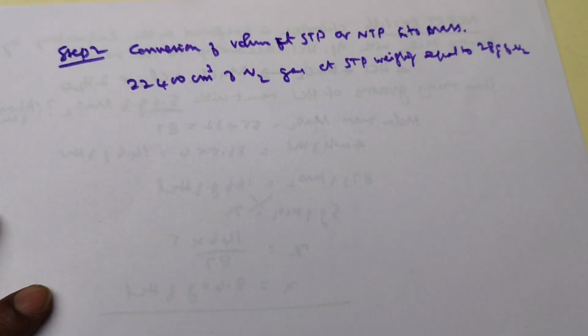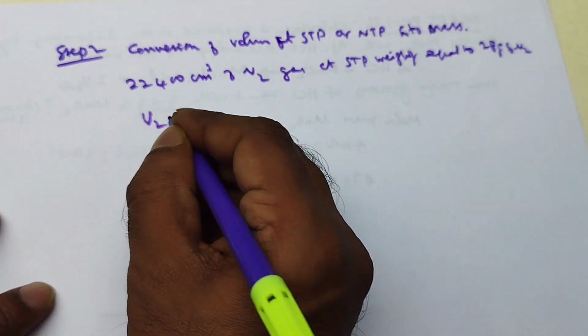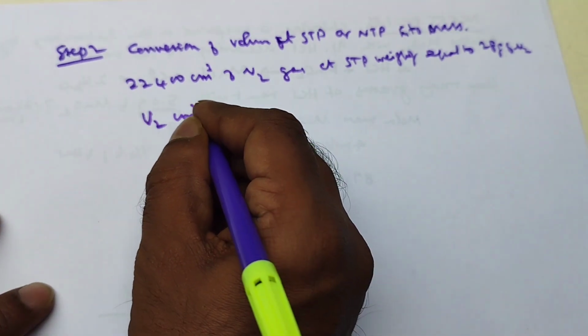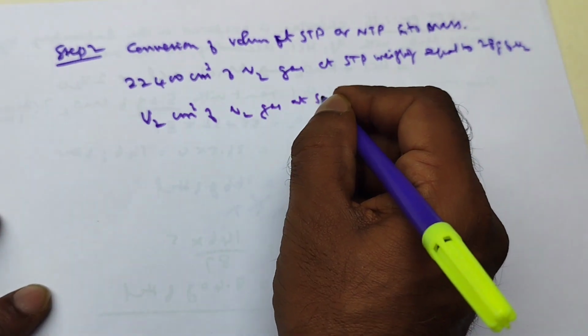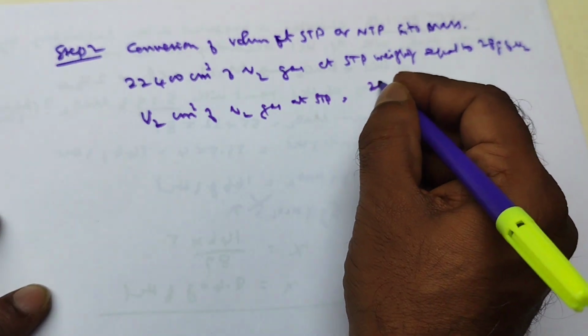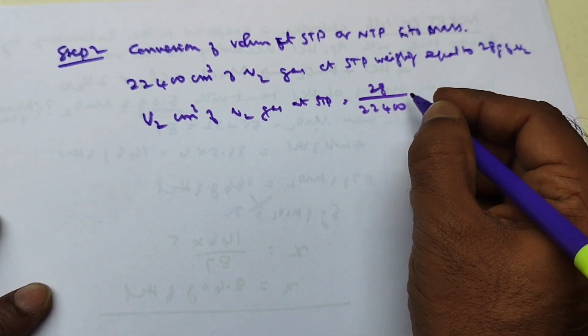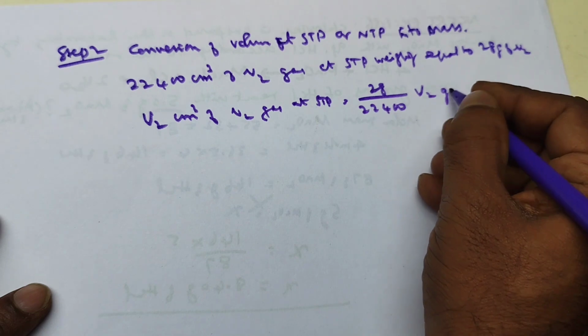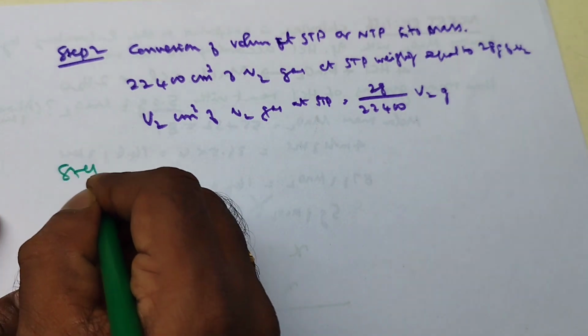Nitrogen's atomic mass is 14, so N2 means 28 grams. So V2 centimeter cube of N2 gas at STP is 28 divided by 22,400 into V2 grams.